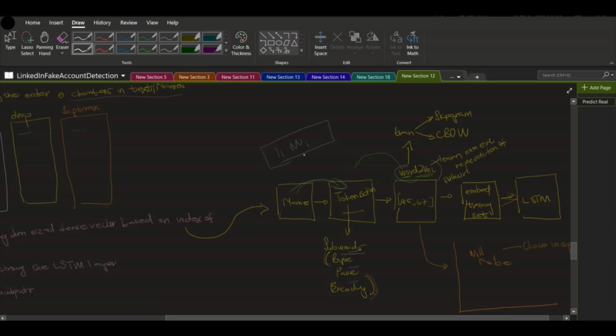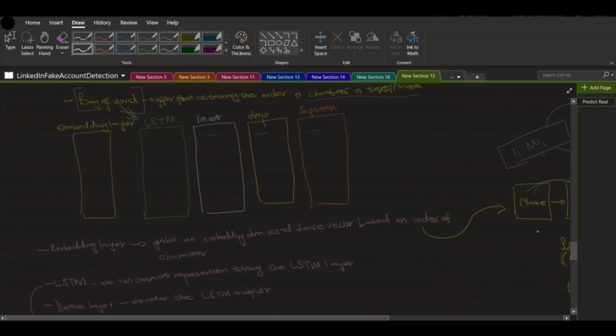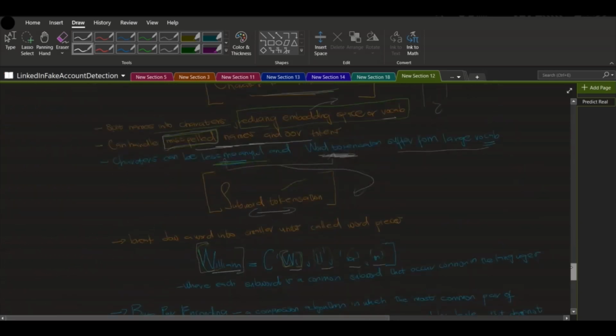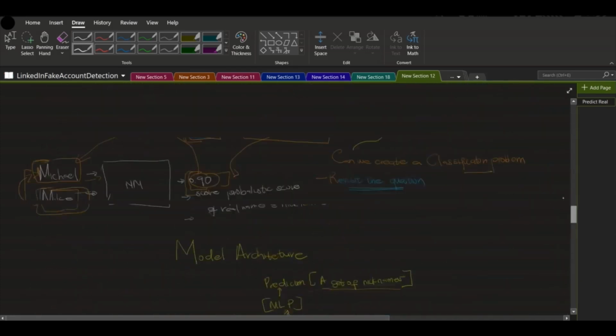Essentially the goal is to learn the numeric representation of the subwords. We can use skipgram and CBOW. Some people say skipgram performs better in some cases, so we can try both of them and see how they work as we're experimenting. We embed this and push it into our LSTM model. That's what we're going to do, and that's the whole architecture, guys.